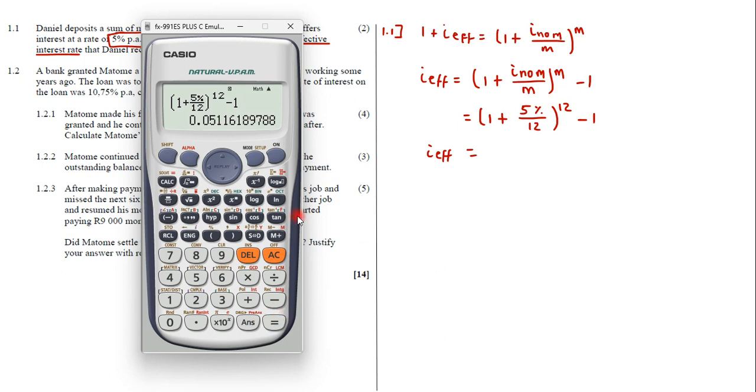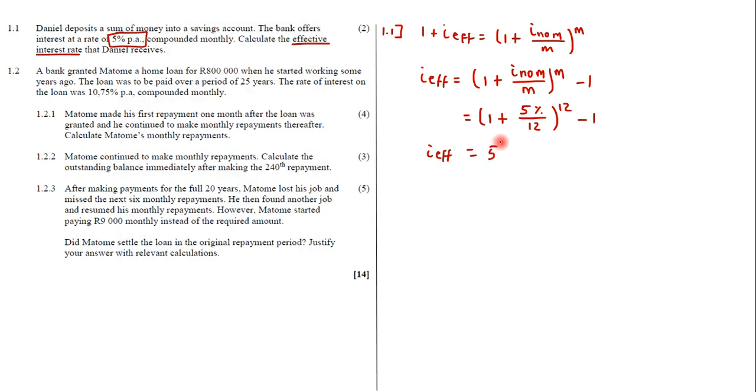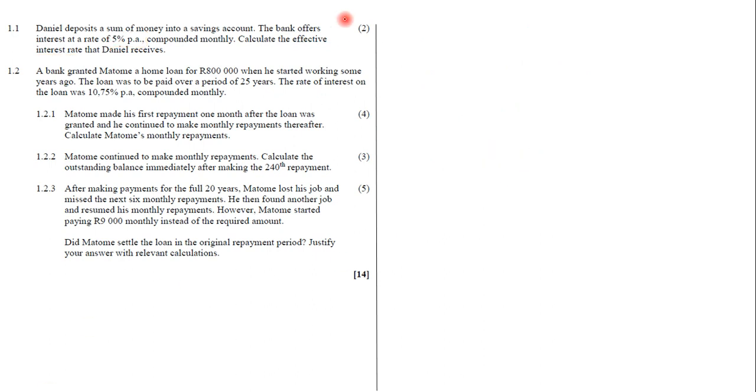So I don't like to write the 100 there. But once you get this, remember we talk about interest, right? So you need to then times it back by 100. So it will give you that. And in this case, we have 5.12%. So this is 5.12%.